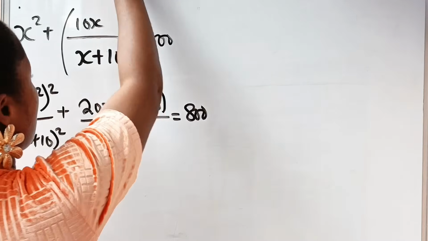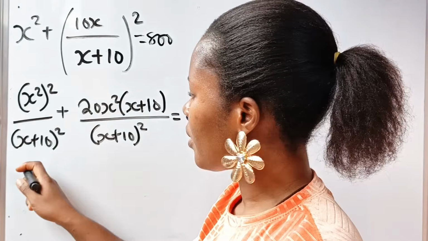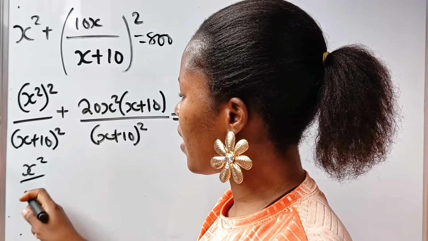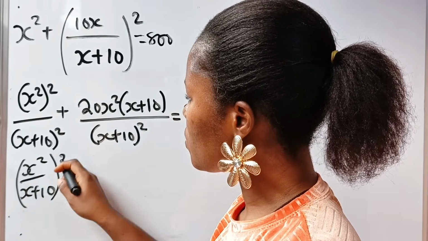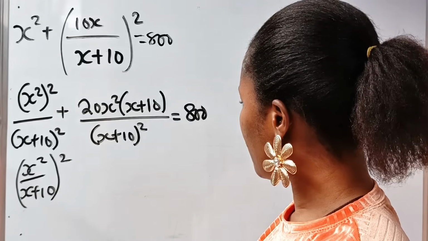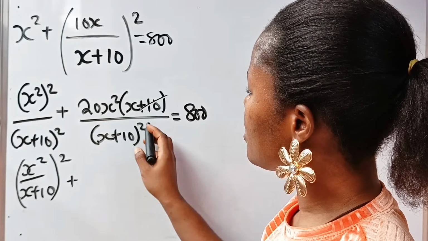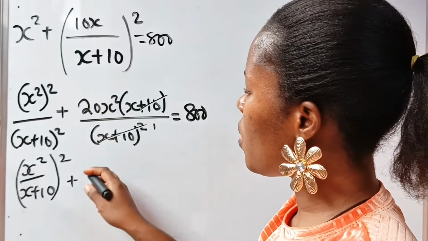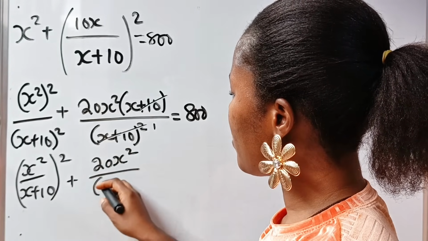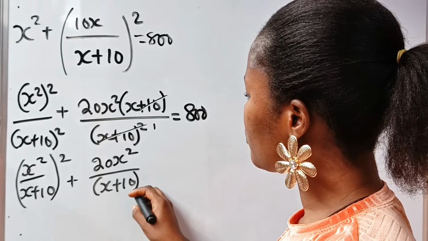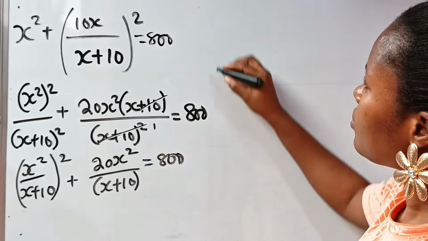So that is why I can write this as x squared divided by x plus 10 all squared, then plus this, when this divides this, one of this will remain. So what we have here is 20x squared divided by x plus 10, and this is equal to 800.